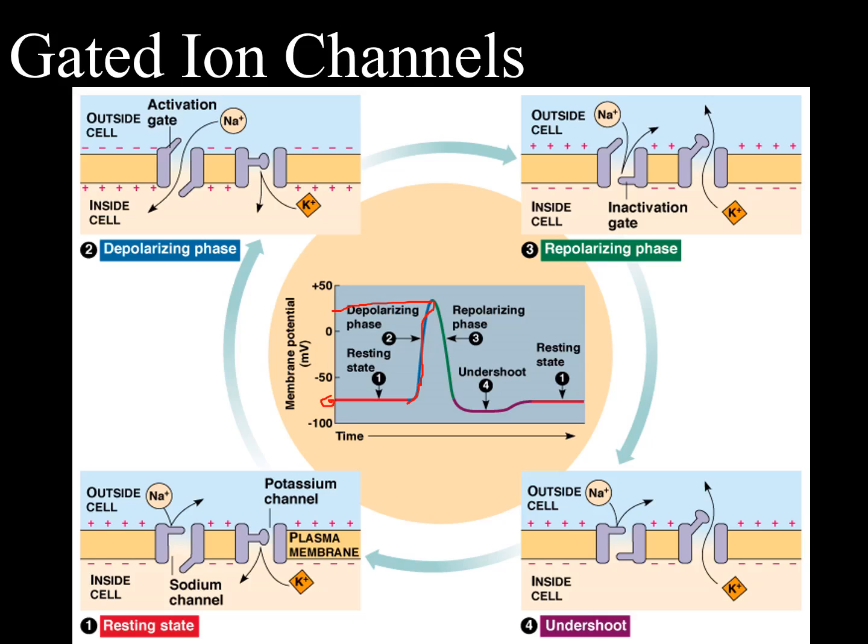Then we go into the repolarization phase, and when that happens, the inactivation gate on the sodium channel closes, and that stops more sodium ions from flowing into the neuron.